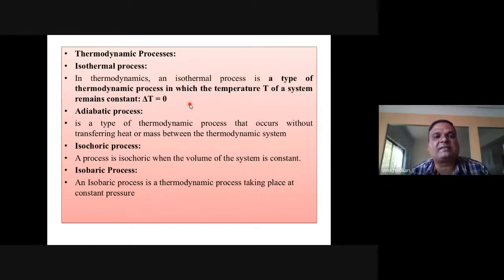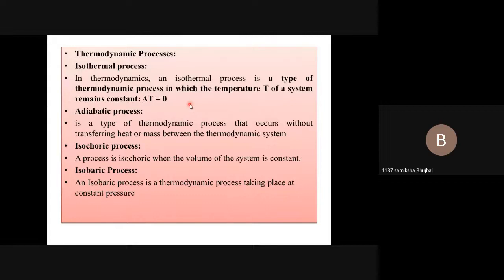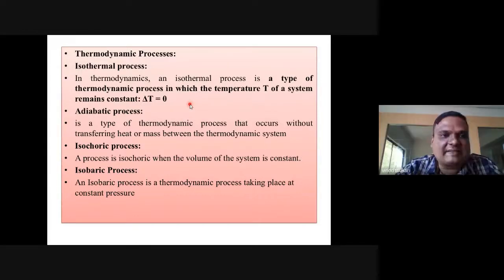Yes, sir. 100% there will be objective questions for your INSEM exam based on this concept, thermodynamic processes, because this concept is very important. So what is an isothermal process? The process in which the temperature of a system is constant. Excellent. The process in which the temperature of a system remains constant is called an isothermal process, right?